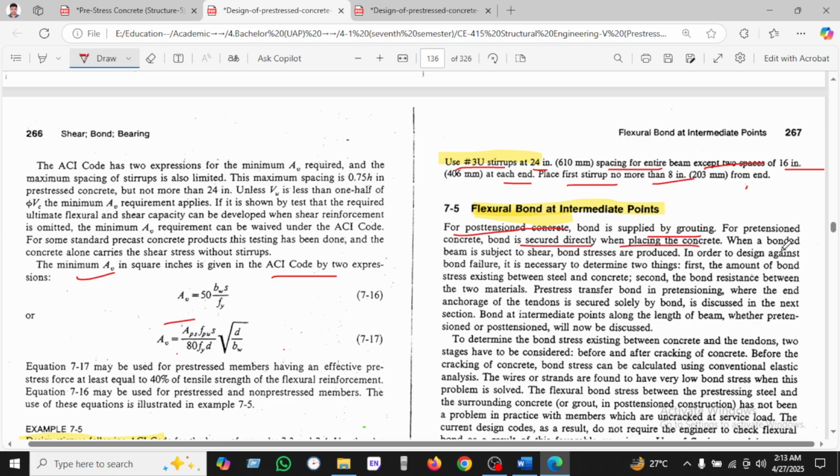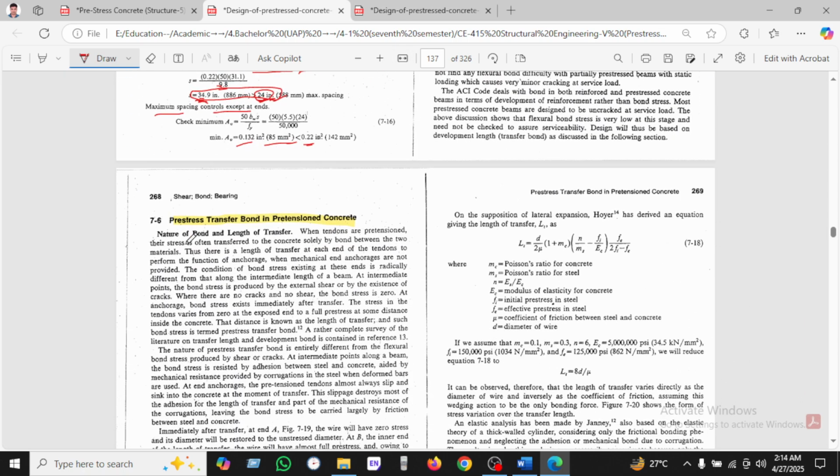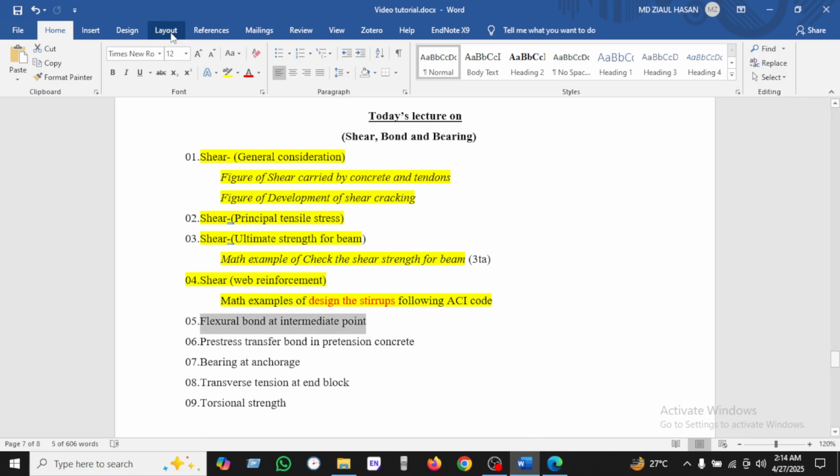When the beam is subjected to shear, bond stresses are produced. In order to design against bond failure, it is necessary to determine two things. First, the amount of bond stress existing between steel and concrete, and second, the bond resistance between the two materials. Okay, so you can see here these are the outlines.